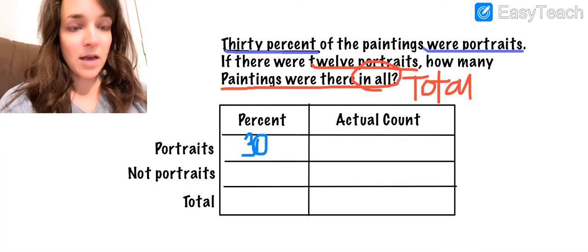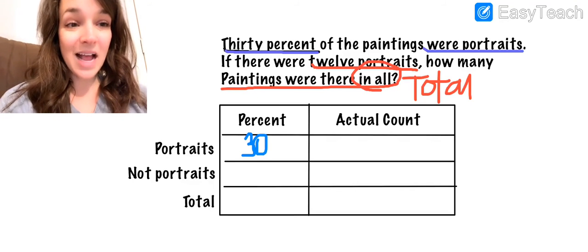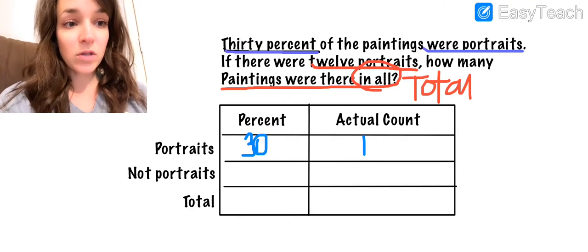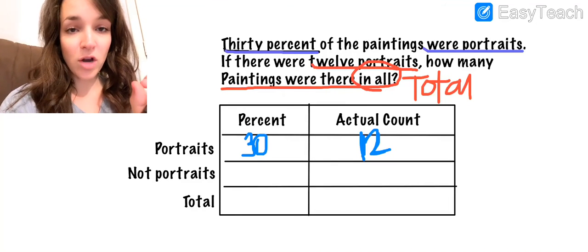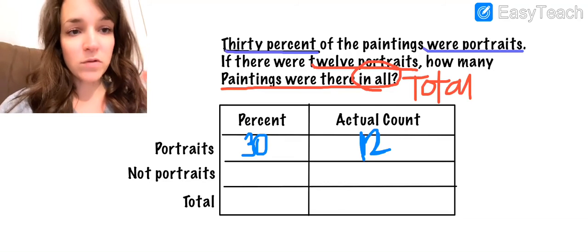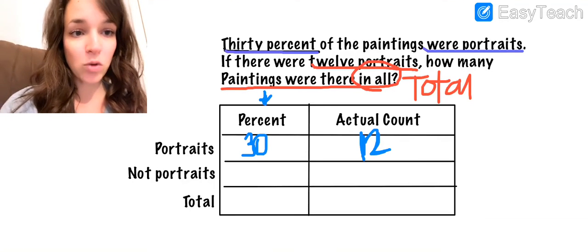If there were 12 portraits, that's an actual. There's actually 12 portraits. It doesn't say 12%, it says 12 portraits. So you've got to look for the percent sign or the word percent to show you what goes in the percent column. Anything else is going to be an actual amount.